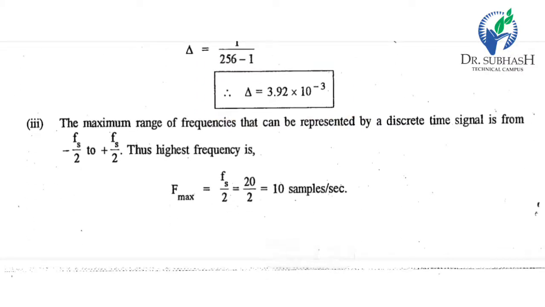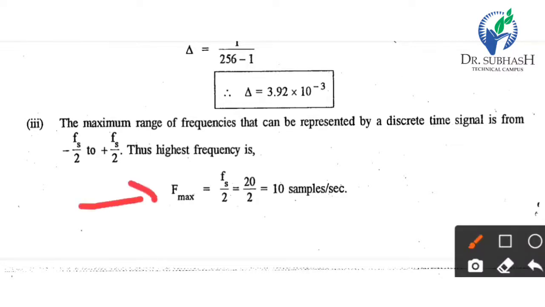The maximum range of frequencies that can be represented by a discrete time signal is from minus fs by 2 to plus fs by 2. So the highest frequency is f max equal to fs by 2, that is 20 by 2, and f max equal to 10.